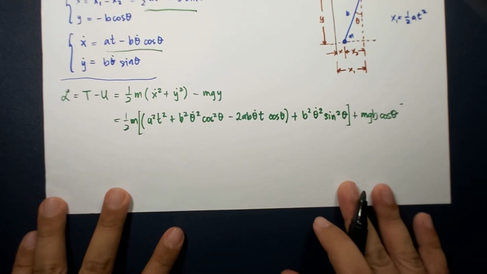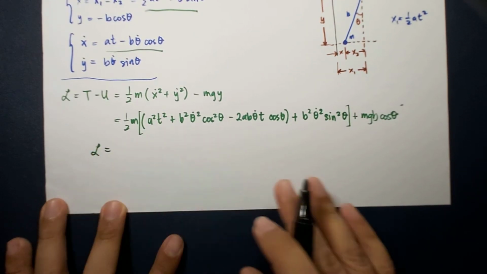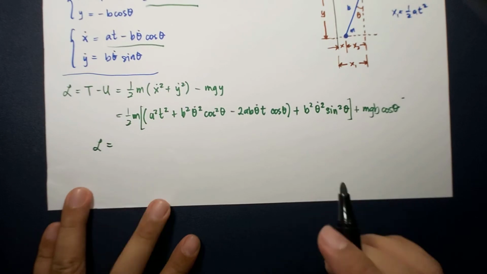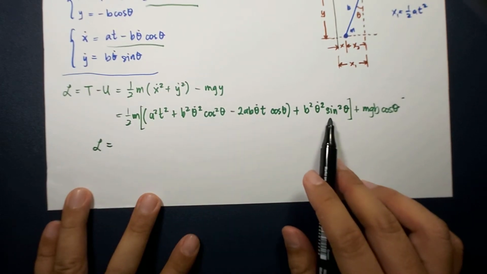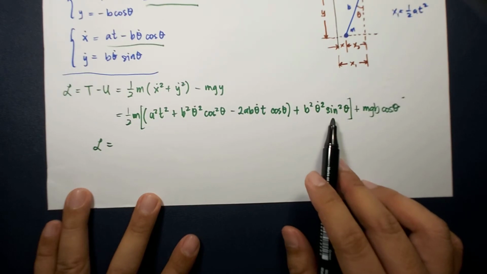Therefore, this term can be combined with this one using the identity cosine squared theta plus sine squared theta equals 1.